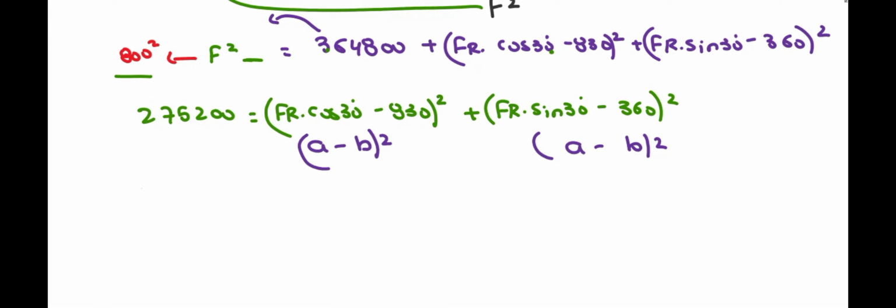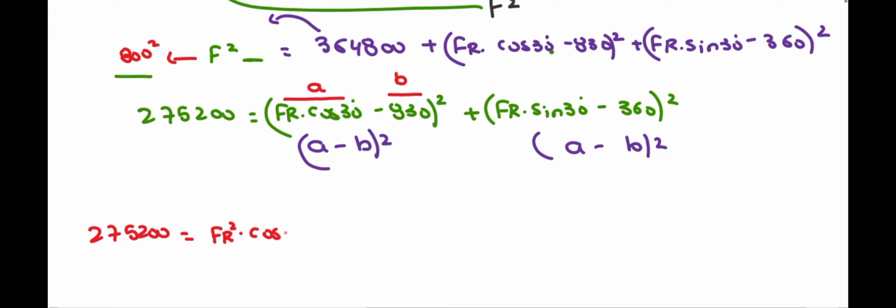So 275200 is equal to a square minus 2ab plus b square. So FR dot cos 30 degree is our a, and 830 is our b. So it will become FR square dot cos 30 degree square, with negative sign 2 into FR dot cos 30 degree 830, with positive sign 830 whole square.